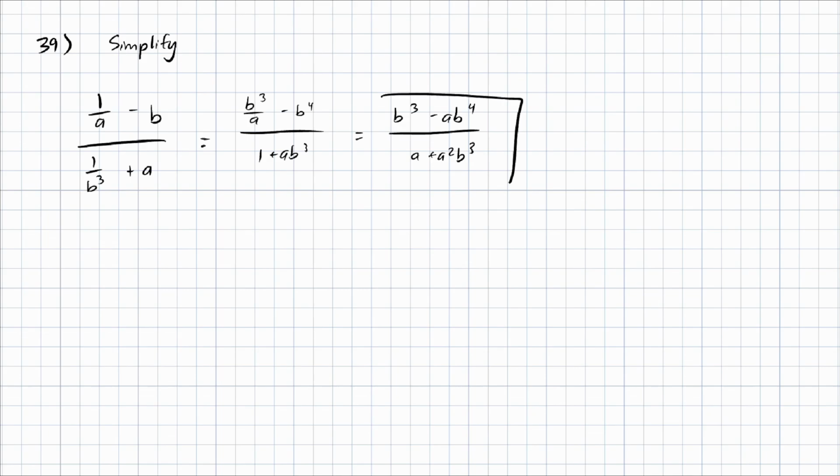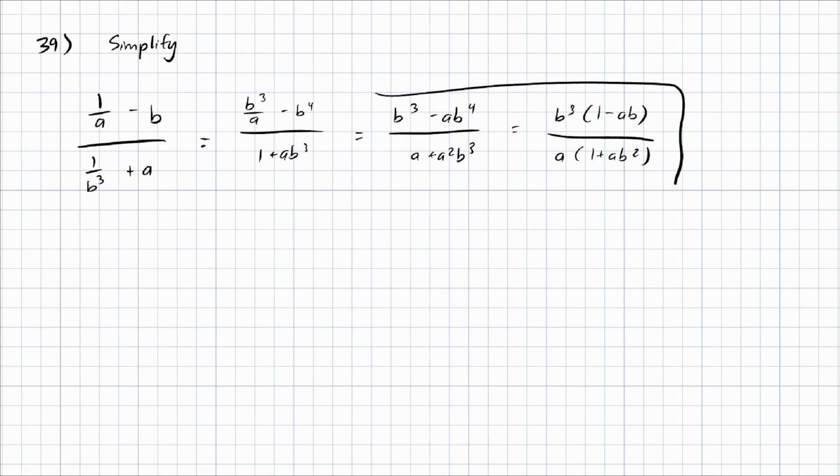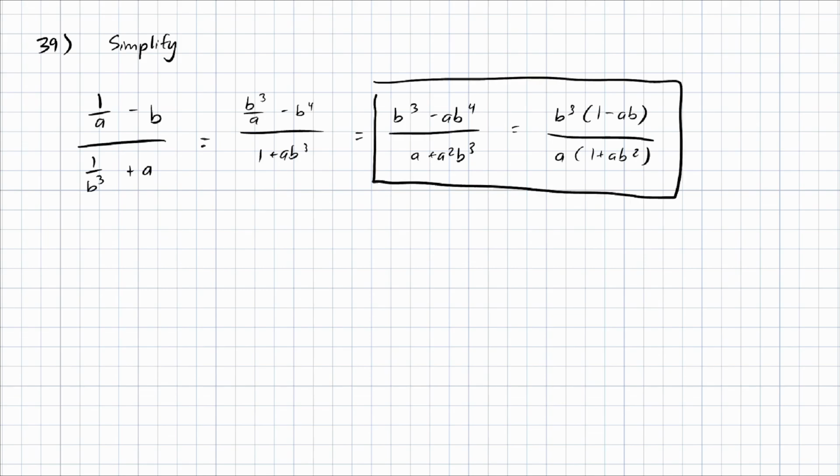Okay, I guess you could simplify this, I guess you could group as well. I don't know if it's necessary, but b cubed times 1 minus ab over a times 1 plus ab squared. I think that would be it. I think the first one here would be fine, but in case we do any weird stuff, b cubed times 1 minus ab over a times 1 plus ab squared. Okay, great.